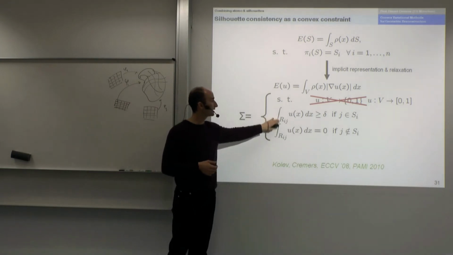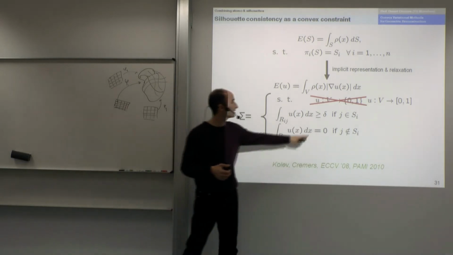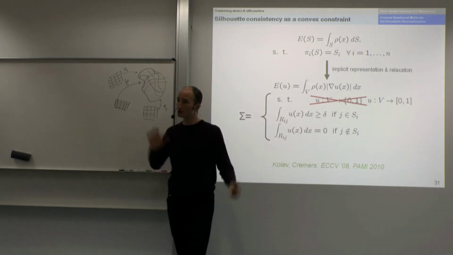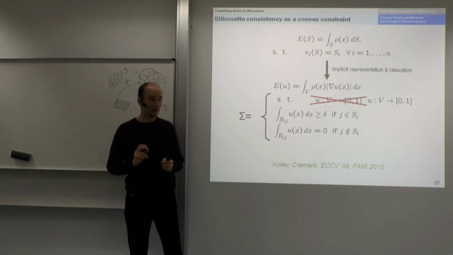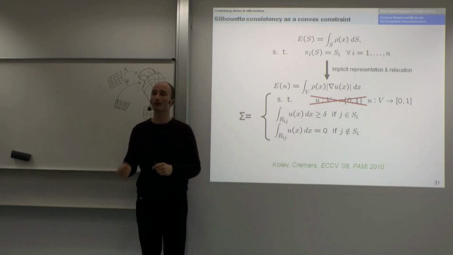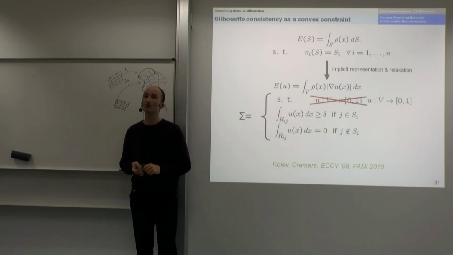They're simple constraints, but of course there's lots of them. There's as many constraints as we have images times the number of pixels. So it's a whole lot of constraints, but it doesn't matter. In optimization, it's not so crucial how many constraints you have and how many variables you have. What's crucial is whether the problem is convex or not.